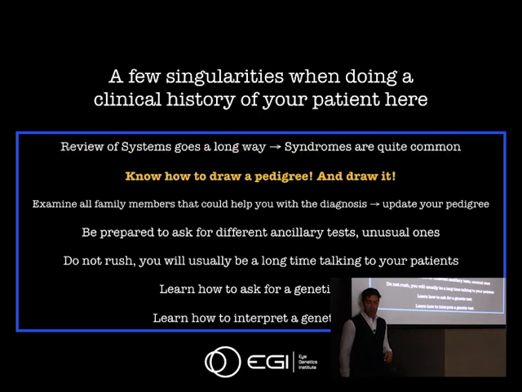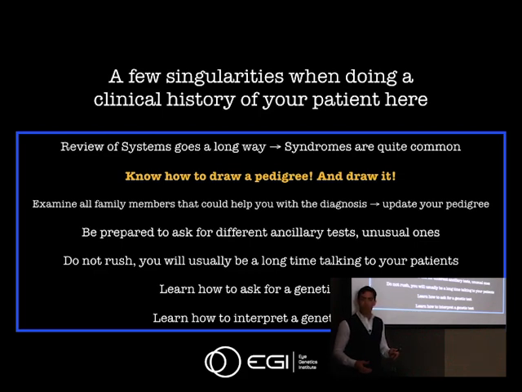And also, we need to know how to draw our pedigree. It is very common in ophthalmology that residents, when they are beginning or even ending their residency program, still don't know how to properly draw a correct pedigree.